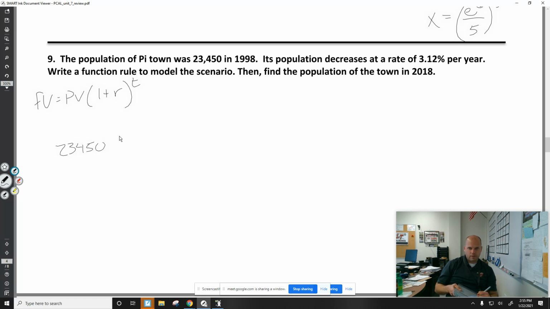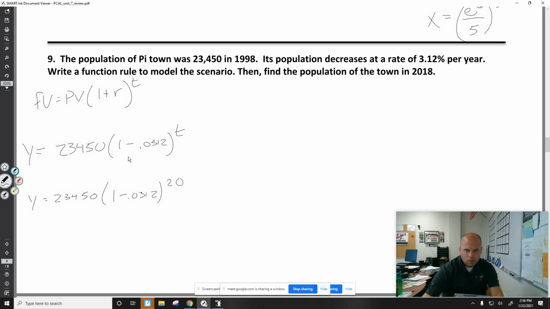23450 is the present value. Decreases, so it's 1 minus 0.0312%. This is the function that would model it. 2018 is 20 years later. So type that in your calculator.